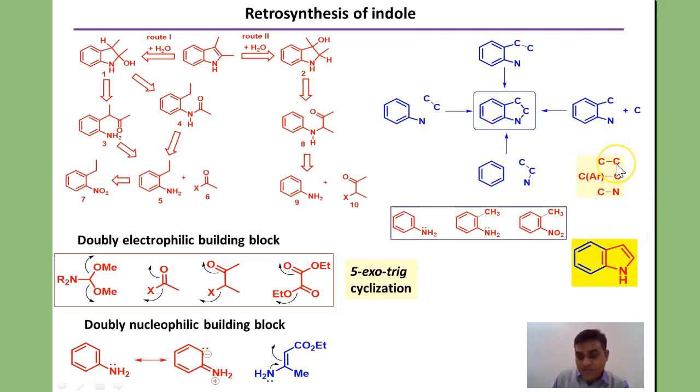As far as the carbon-carbon bond is concerned, we'll come across some aldol-related variety of the carbon-carbon bond. And in some cases, we will come across sigmatropic processes like 3,3 sigmatropic rearrangement, where the carbon-carbon bond will be constructed with the help of pericyclic reactions. Then carbon-nitrogen bond, a carbon-heteroatom bond formation, is generally the last step in the synthesis of indole.